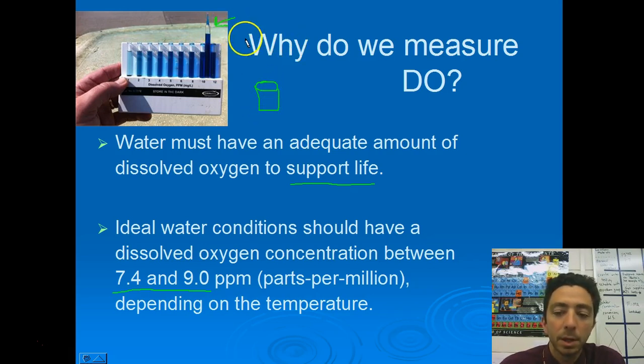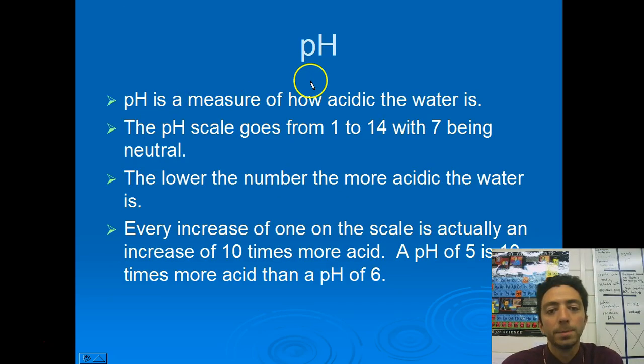Snap the tip, it'll suck it up automatically, and then you compare it and see where it falls. The range we're looking for is anywhere from here all the way over to here, and that is ideal. If you're down in this range, everything's going to be dying. If you're in the range in between, this would be stress. It's not comfortable for them to live in that range.